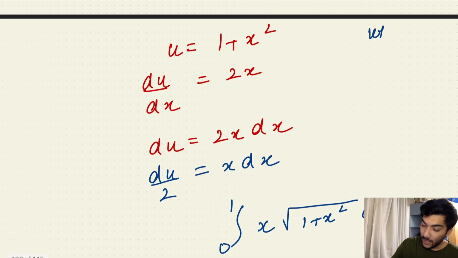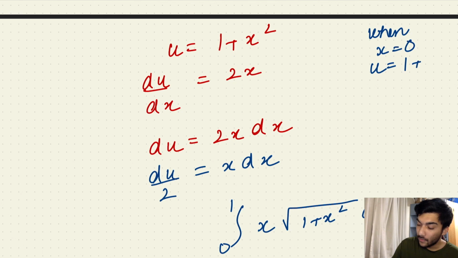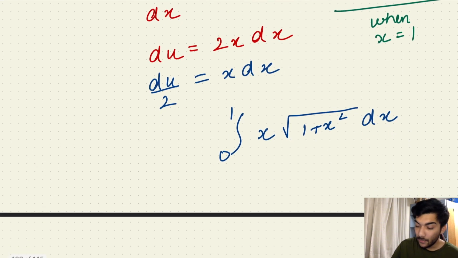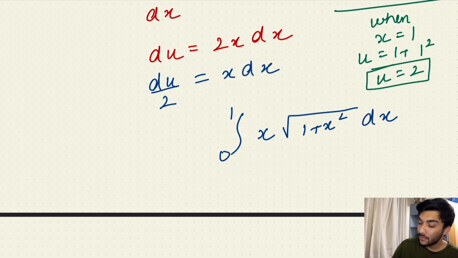So when our x is equal to 0, which is our lower endpoint, our u is equal to 1 plus 0 square, so u is equal to 1. And when your x is equal to 1, which is your upper endpoint, your u is equal to 1 plus 1 square, so u would be equal to 2.